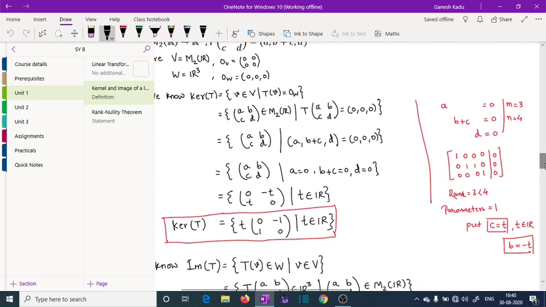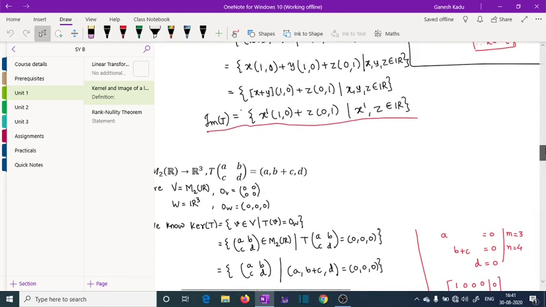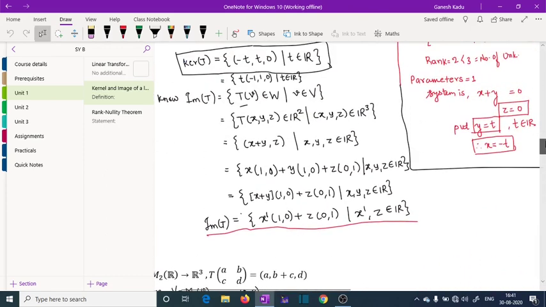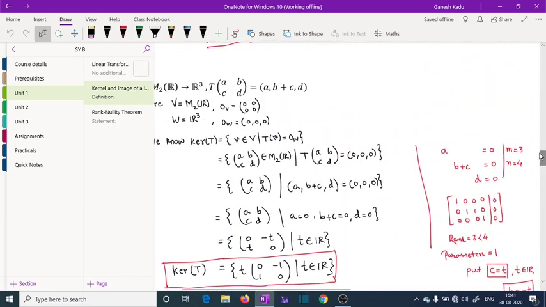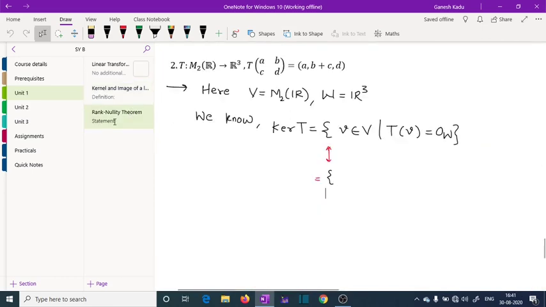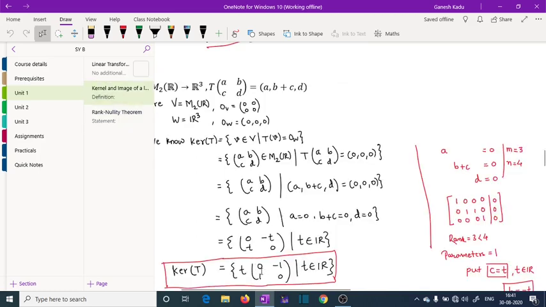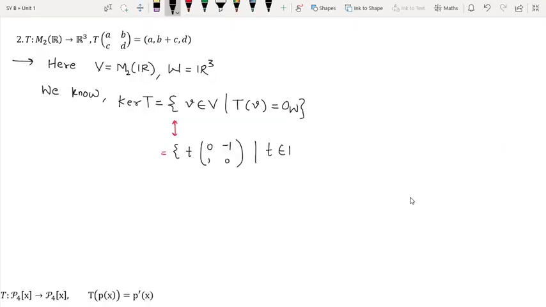It is t times (0, -1; 1, 0), or is it some other example? (a, b+c; c, d), na? And what is this example? Is it the same? Yeah, (a, b+c; c, d), this one is the same. So our kernel is t times (0, -1; 1, 0) such that t belongs to R.